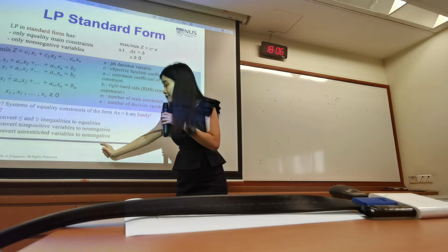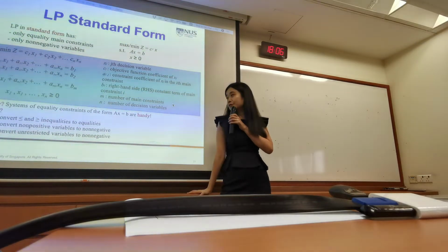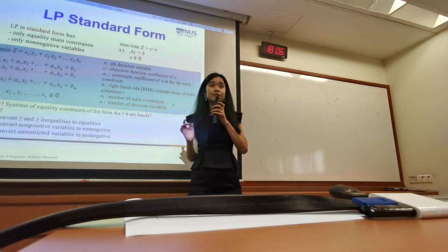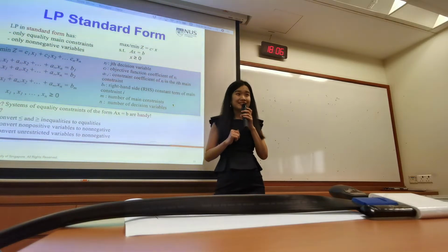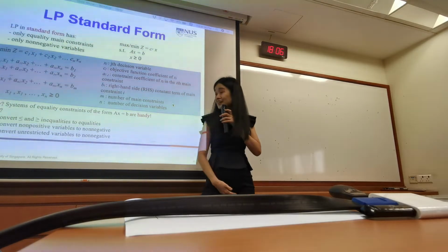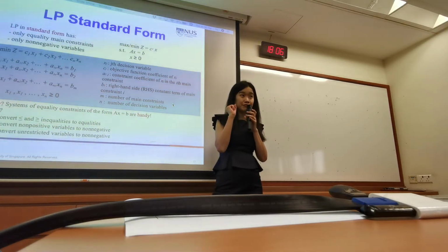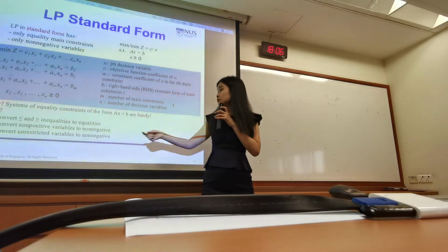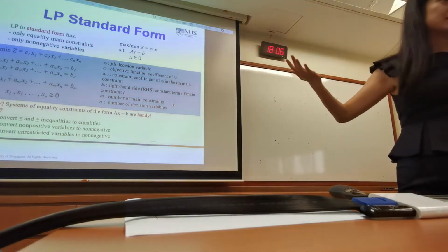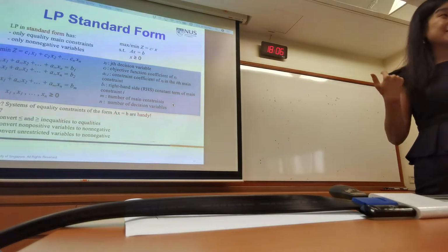And the last one is to convert unrestricted variables to non-negative variables. It means all the variables will be non-negative. Not only turning the sign from non-positive to non-negative, but also for those unconstrained variables, you need to turn them to non-negative. So this is a computable way to turn the LP to standard format.